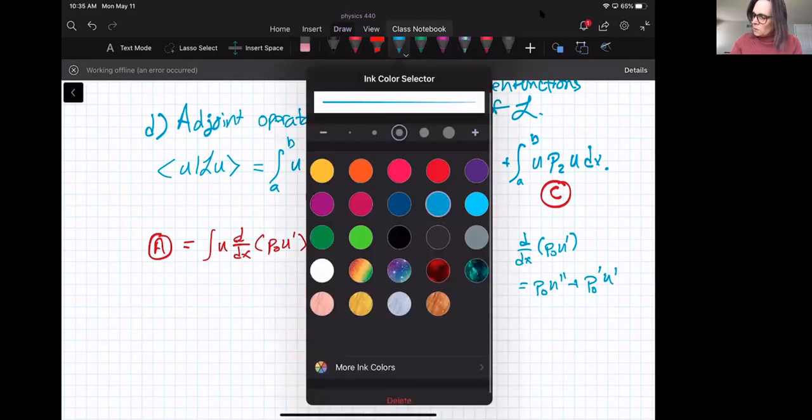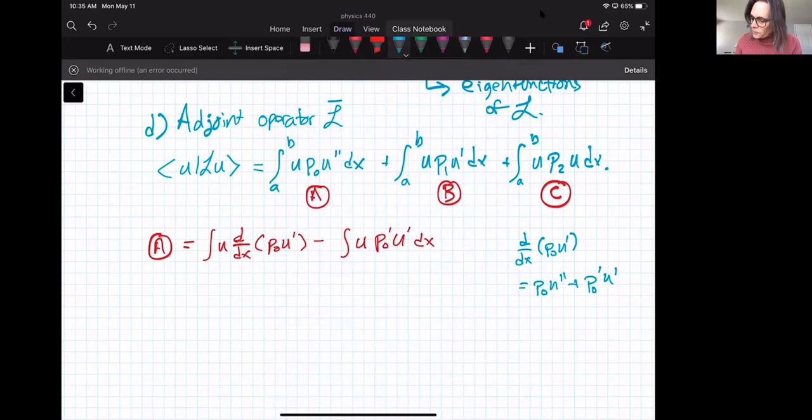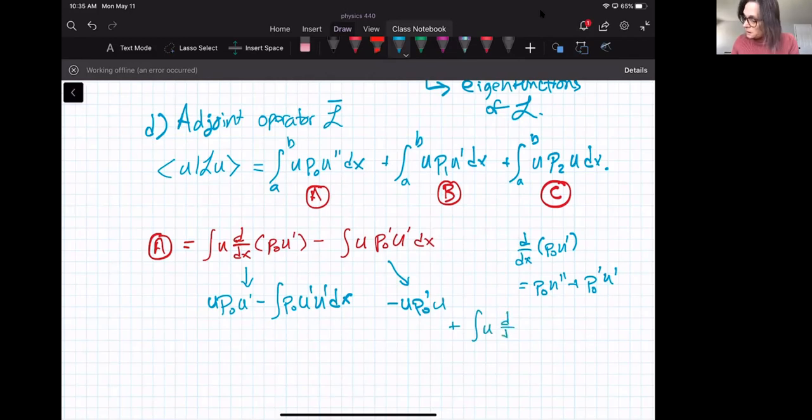Now we're in a position to integrate by parts. We'll integrate this by parts. This gives us u p naught u prime evaluated at the endpoints minus the integral of u prime p naught u prime dx, this gives us minus u p naught prime u plus the integral of u d dx of p naught prime u.